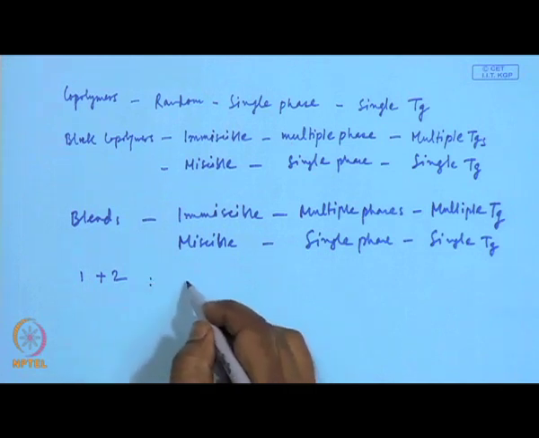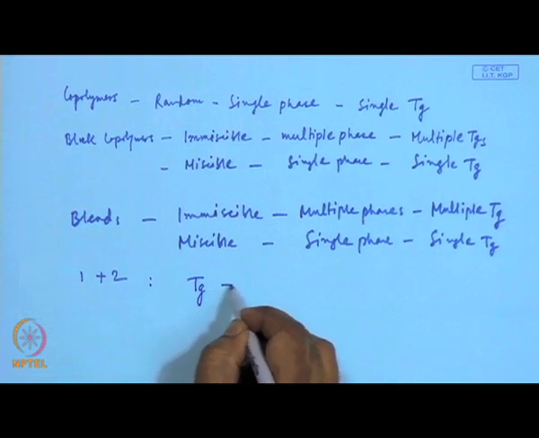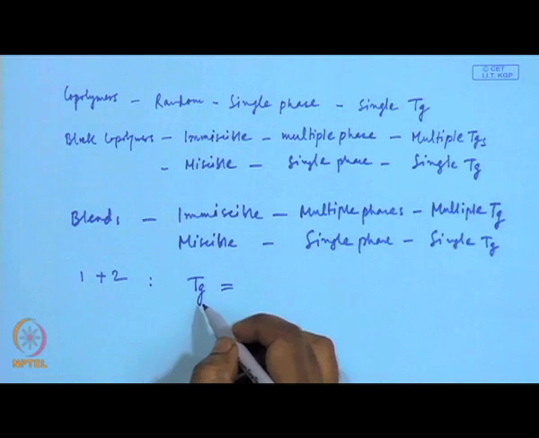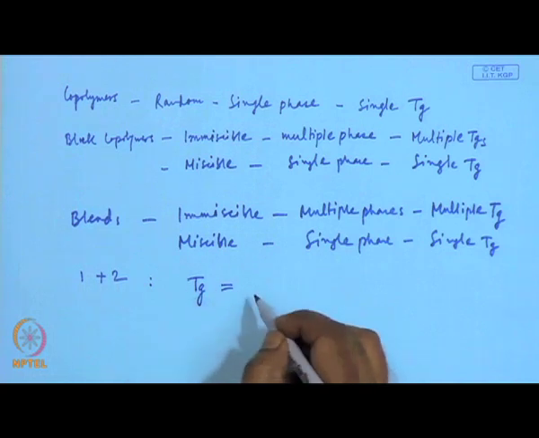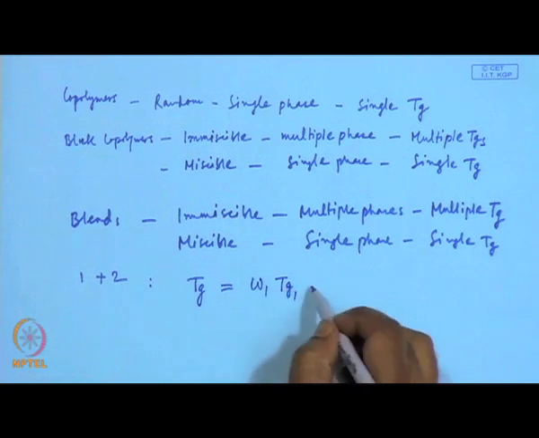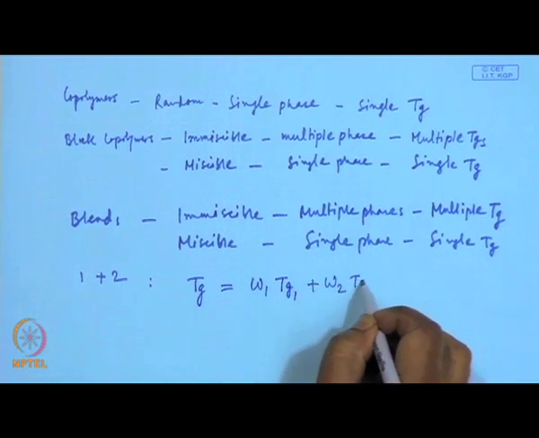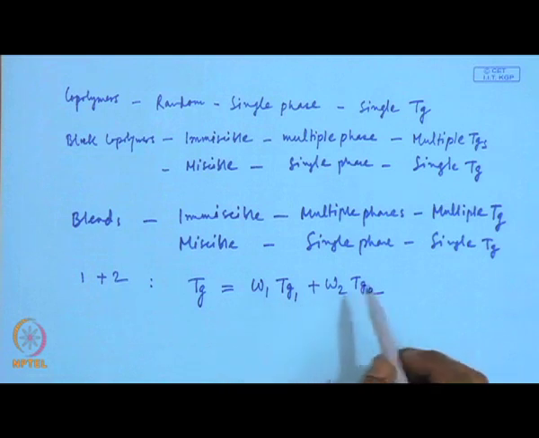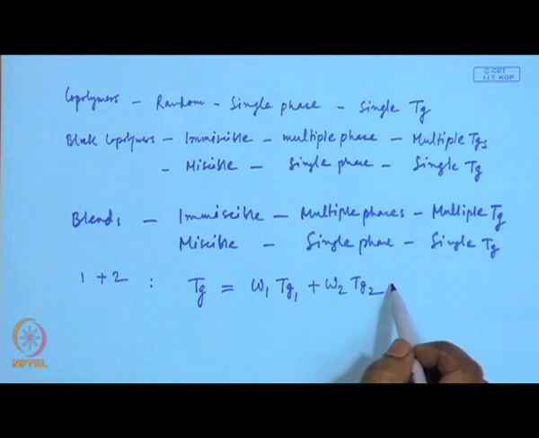Now, there are two equations which you can apply. This Tg is for the resulting copolymer or miscible blend, which is given by W1 Tg1 plus W2 Tg2. Tg1 is the Tg for component 1, W1 is the weight fraction. Similarly, W2 is the weight fraction for component 2 and Tg2 is the Tg for the second component.